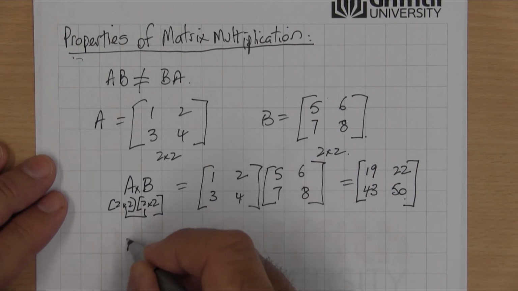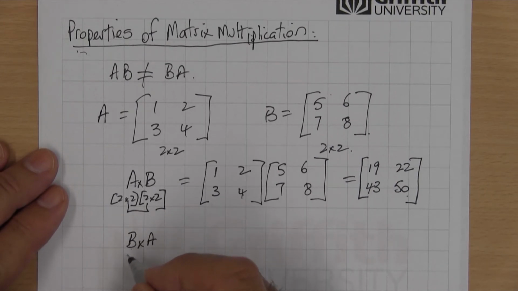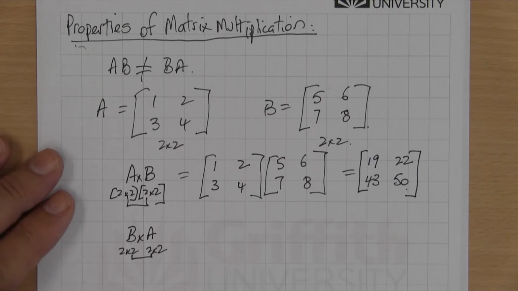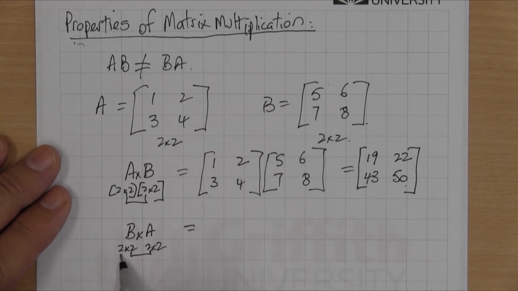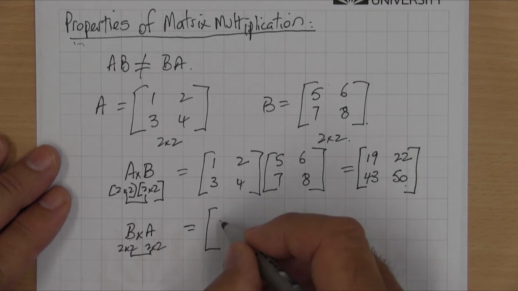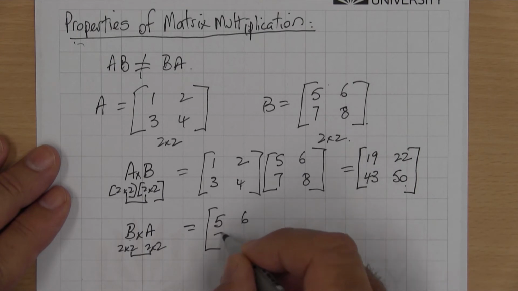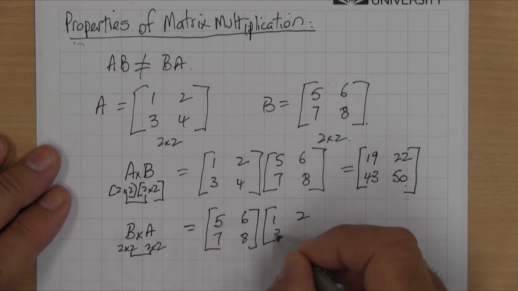So let's have a look at BA. B is a 2 by 2, A is a 2 by 2. So once again, the innermost dimensions are the same, so we're going to be able to do this multiplication, and our answer will also be a 2 by 2. So we've got 5, 6, 7, 8 times 1, 2, 3, 4.